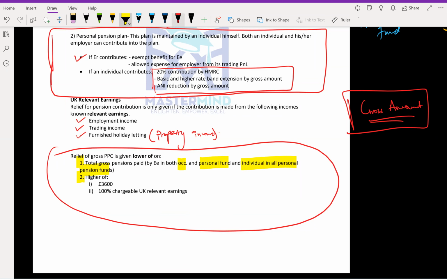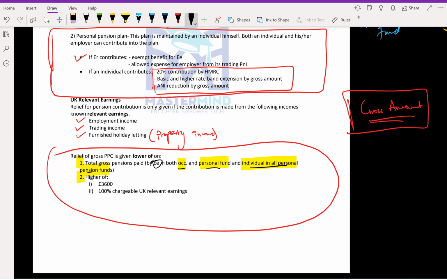So this is a mistake over here. Just correct this in your notes as well. This is by employer, okay, not employee, by employer. Though in fact, this is fine because they're talking about the employee itself.